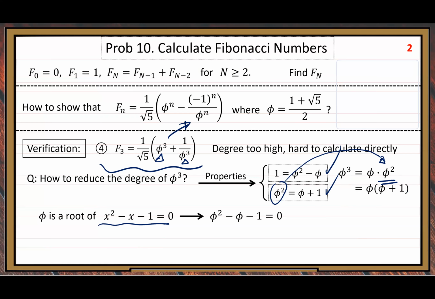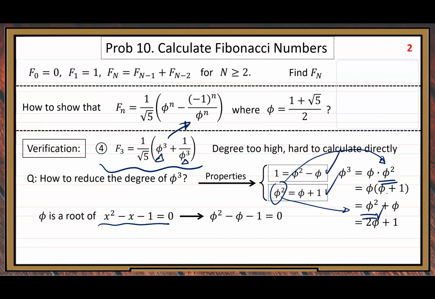Then multiplying through, it equals phi squared plus phi. After that, you see another phi squared, so you can apply the second property another time. Replace this phi squared by another phi plus 1.